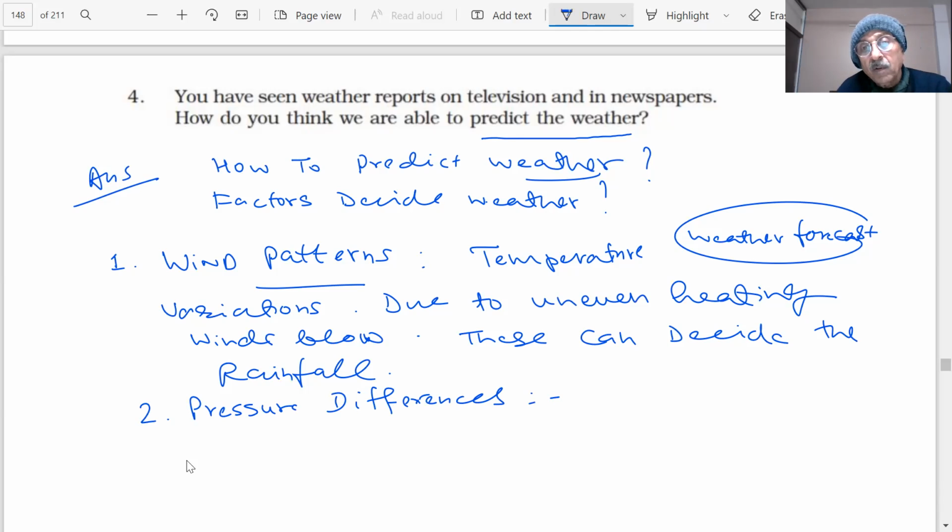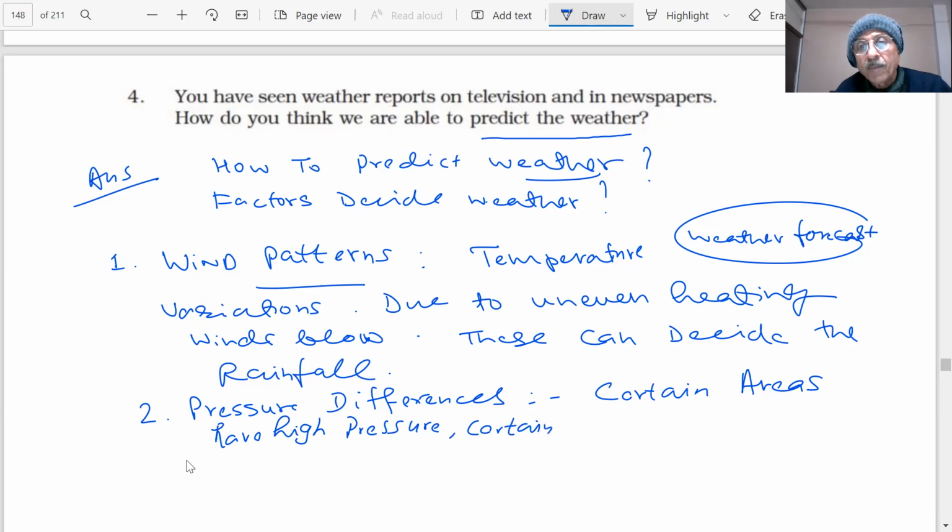So certain areas have high pressure, and they will measure the pressure. Certain areas have low pressure. So winds will flow which side?